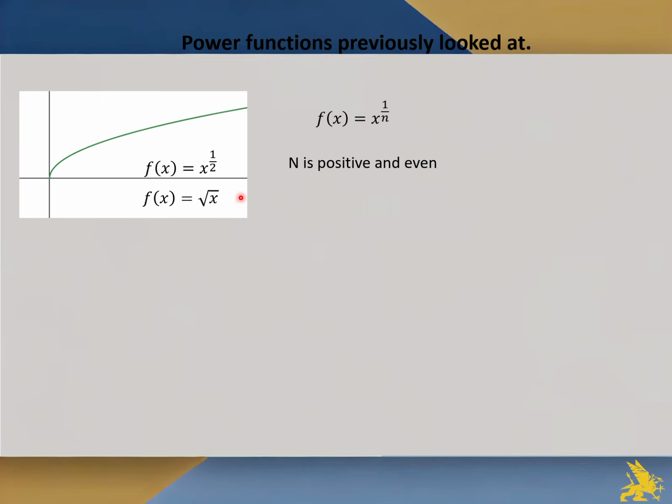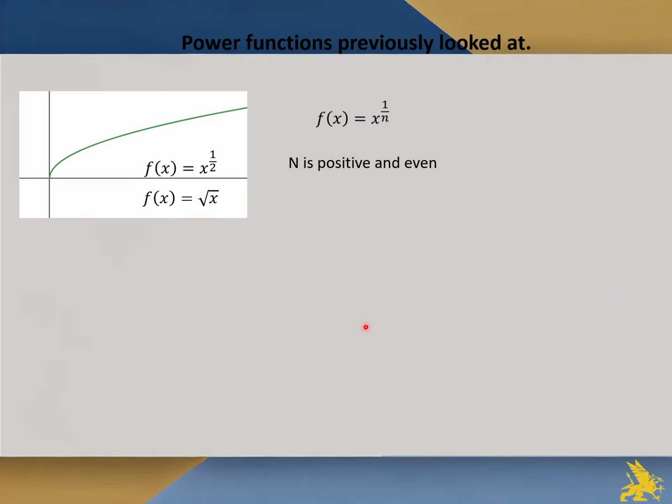The next one that we've done is looking at a square root function, but in the textbook it puts it as x to the power of a half or x to the power of 1 over n. So I've rewritten it in this form because I want us to be able to see that relationship, that when we have our n being positive and even, it is going to only be in quadrant 1.